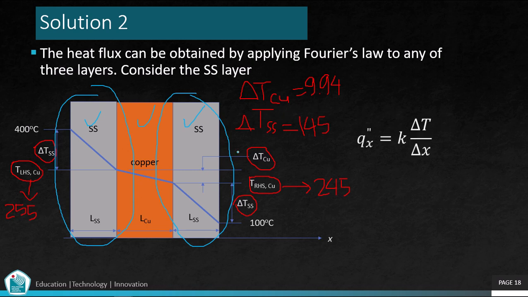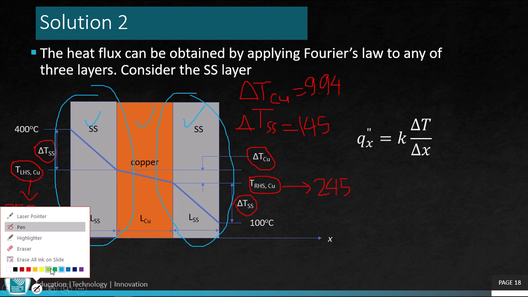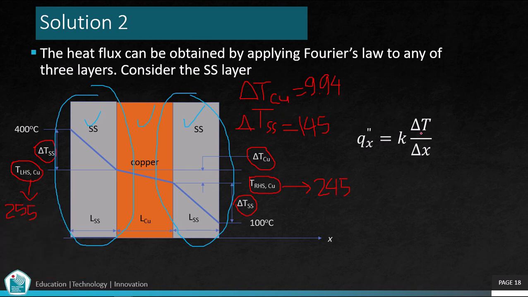Using this equation again, the K value of the stainless steel is 17, the delta T is 145, and the delta X is LSS, equal to 0.002 meter, because it is 2 millimeter thickness.